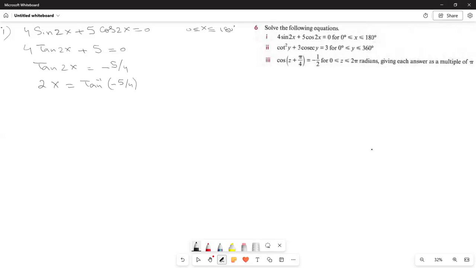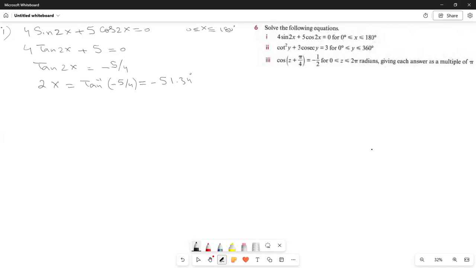If I use my calculator and do inverse tangent of minus 5 by 4, I get the answer to be minus 51.34 degrees.